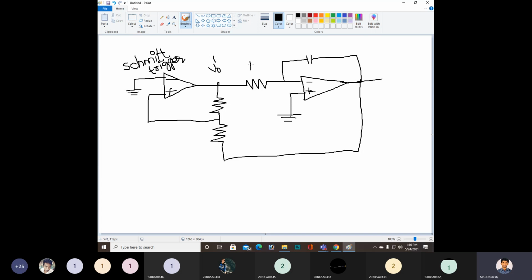This is the R1 resistor, or resistor R1, R2, R3. Assume that this is the node P. This is the amplifier 1, A1. This is the A2, with the capacitor C. Here you are getting V naught.